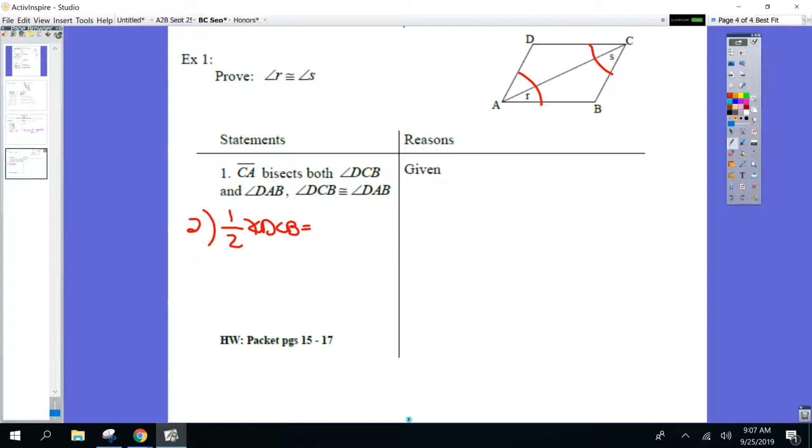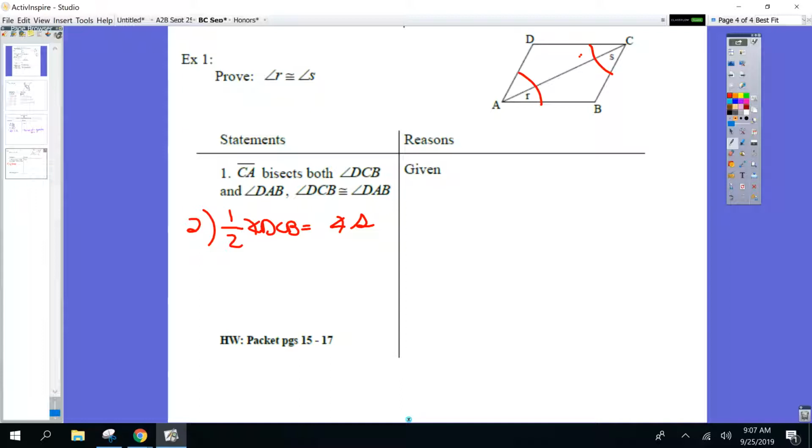If you take half, you end up with two angles. You have angle DCA, everyone agree, this one right here? And you have angle S. So I could put either one in there, but I only care about one of the two. Which one do I care about? S. Why? Because it's in the proof statement. So I'm going to say half of DCB is equal to angle S.